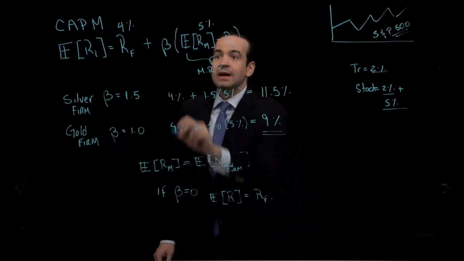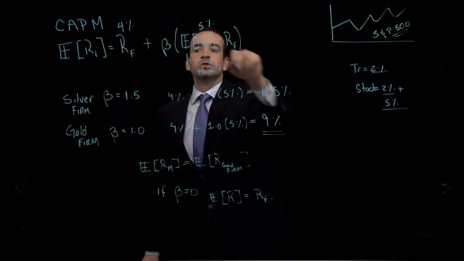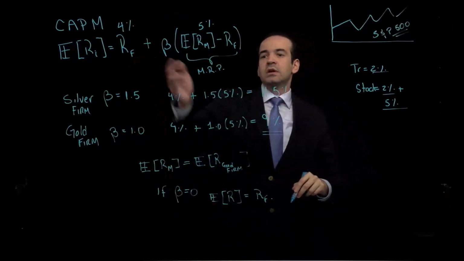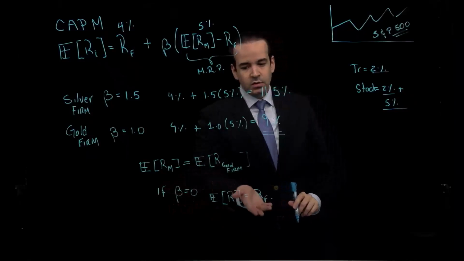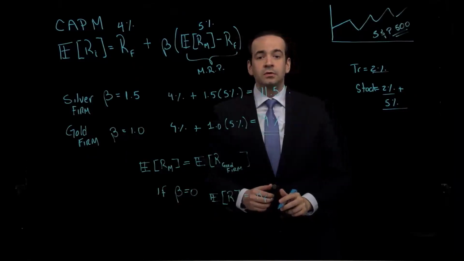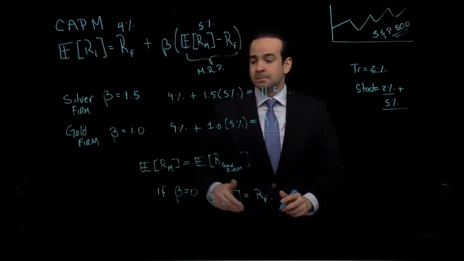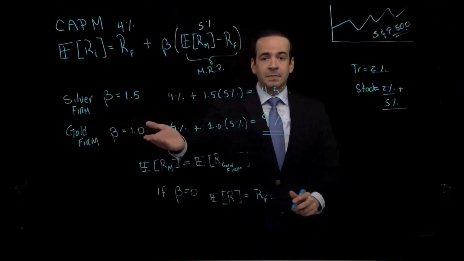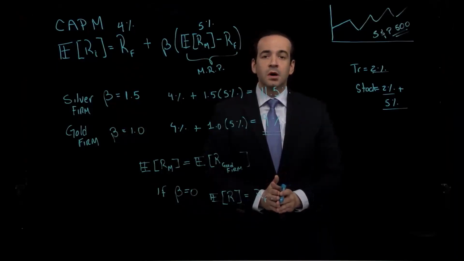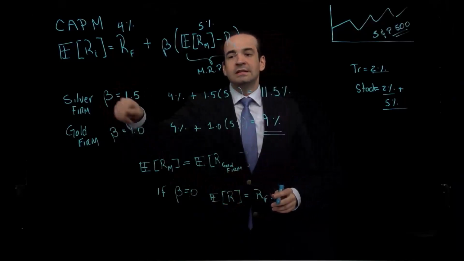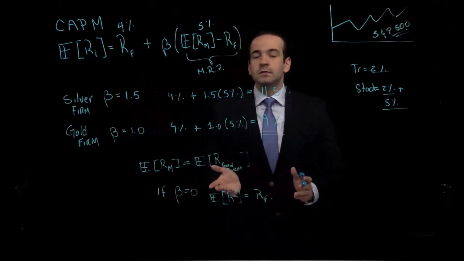Because when we multiply 0 by this term, it just cancels out completely, and we are left with the riskless rate. So if beta is 0, the expected rate of return is just the riskless rate. If beta is 1, the expected rate of return of this firm is simply the same as the expected return on the market.